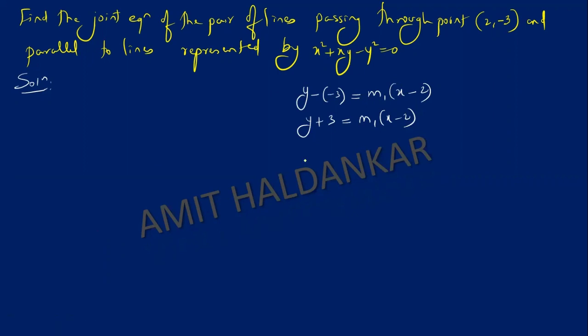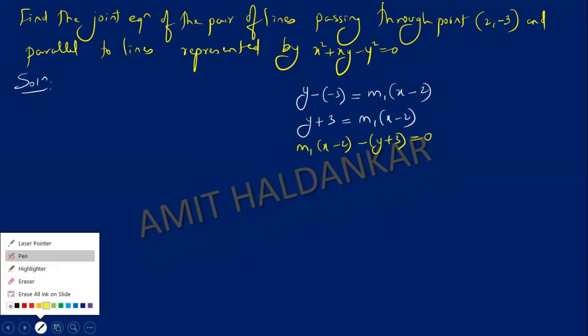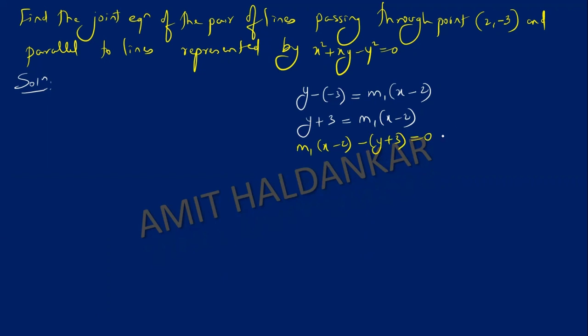Taking everything on one side, m1 into x minus 2 minus y plus 3 is equal to 0. We call this equation number 1, the separate equation of the first line.